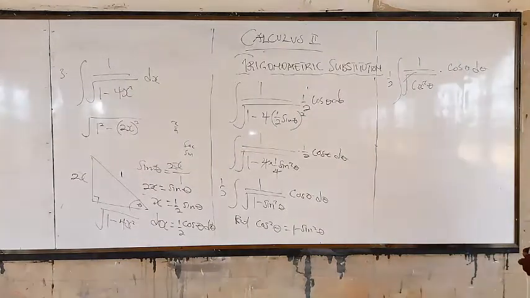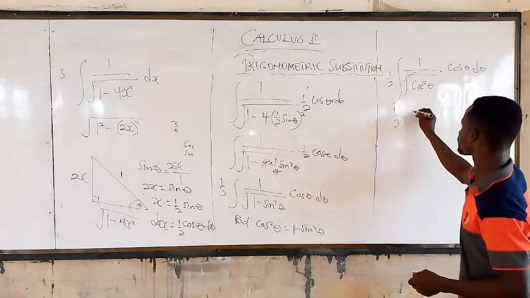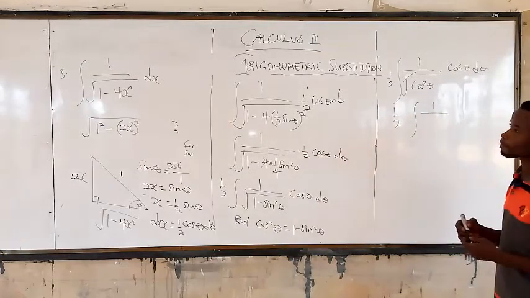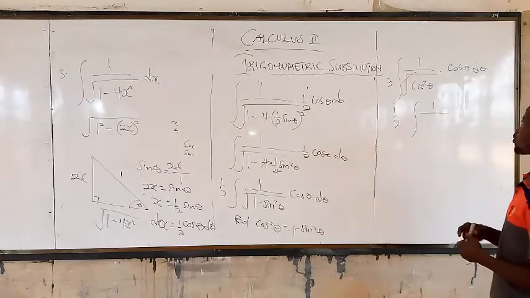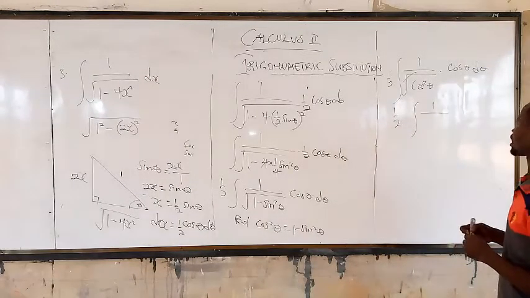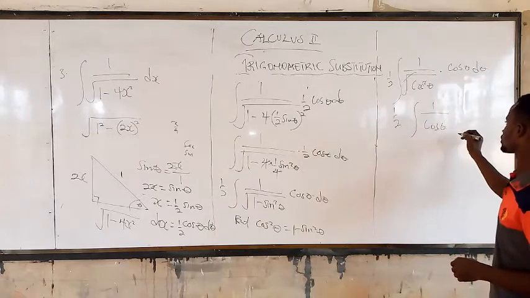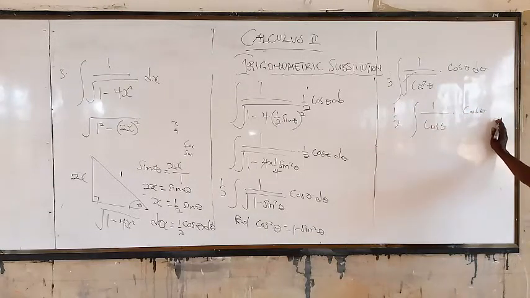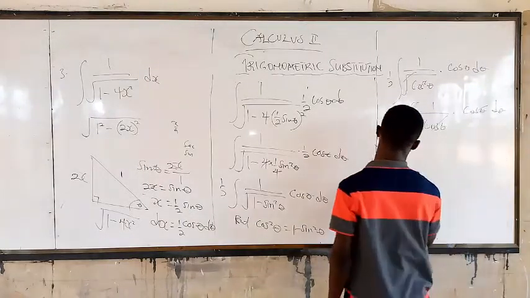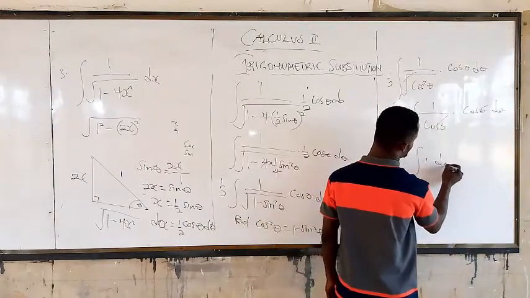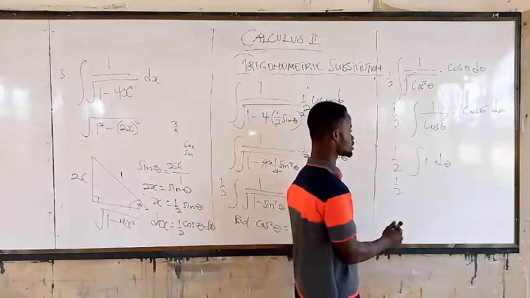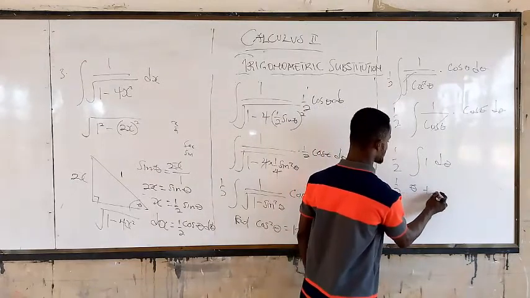Okay? So when that happens, we get half integral of 1 over cos theta, d theta. This takes away this. We get half integral of 1 d theta. When you integrate this, you get half theta plus c.